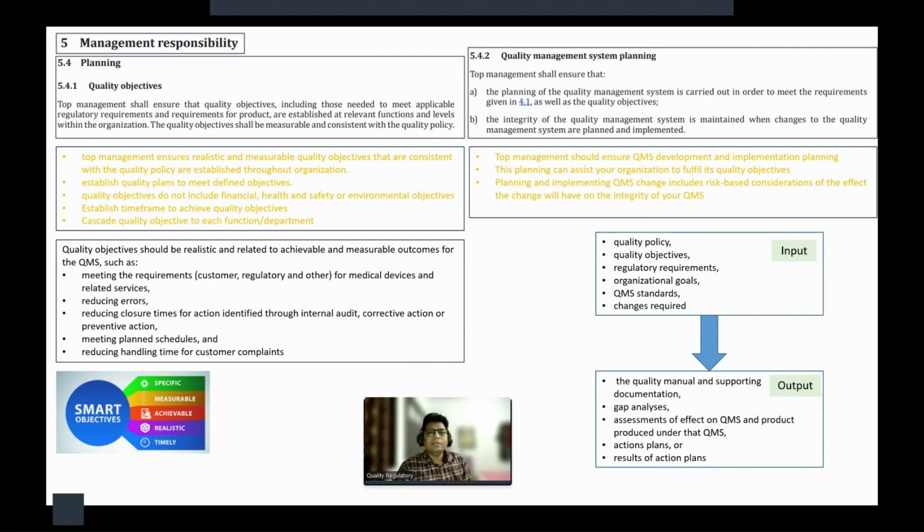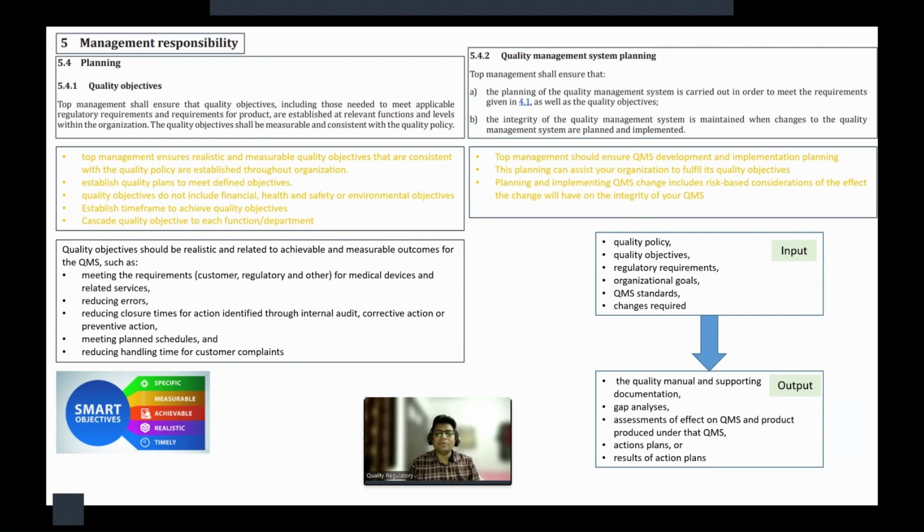So, how about quality management system planning? Once the quality objectives are defined, we have to do thorough planning, because it's measurable and the time frame should be there. There should be milestones in between. Let's say we have taken a quality objective for a year, then what are we achieving in January, March, or quarter-wise? Those milestones should be defined so that we can achieve the quality objective.